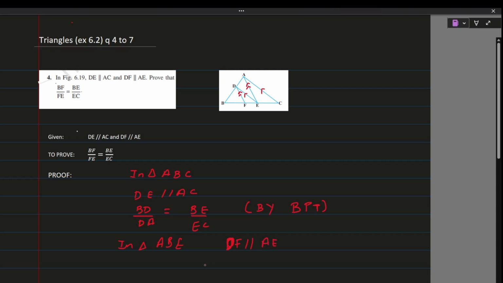So from here we can say that BD by AD will be equal to BF by FE.